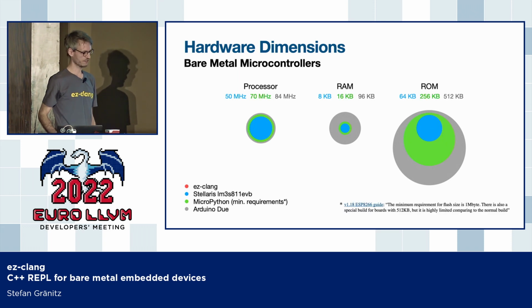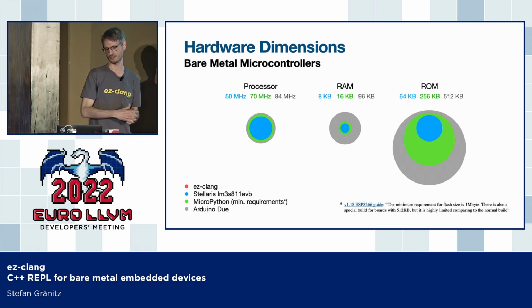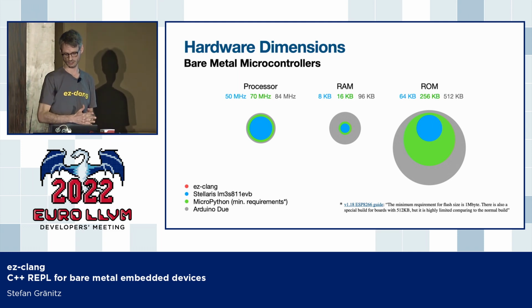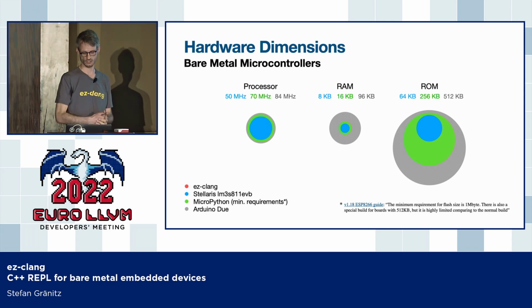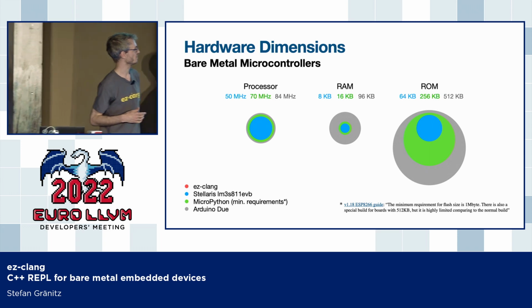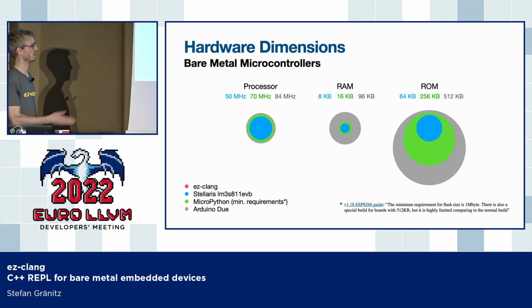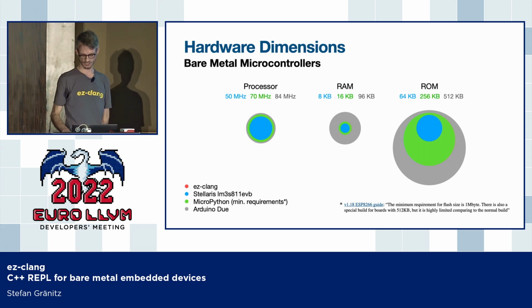When we compare this to MicroPython, which is shown here in green, we see that it tends to have a bit more requirements to hardware. And these are the minimal requirements. If we look into the specifications for specific devices, they usually say things like the ESP8266 needs at least 1 megabyte of flash memory, which is a lot more than we have here.